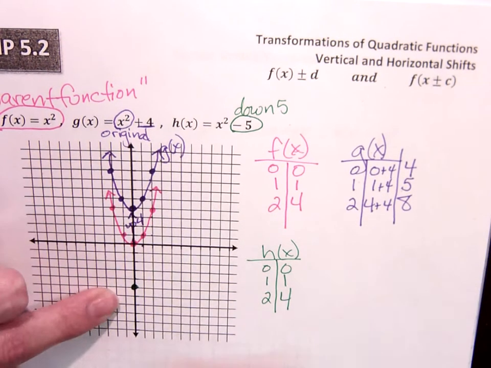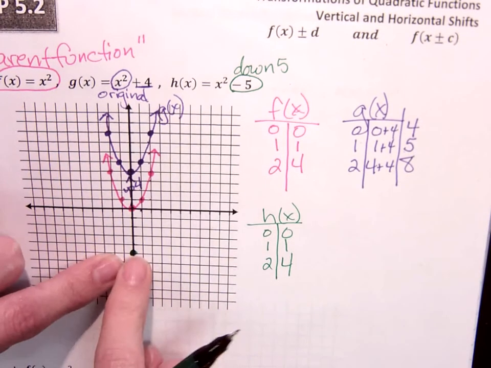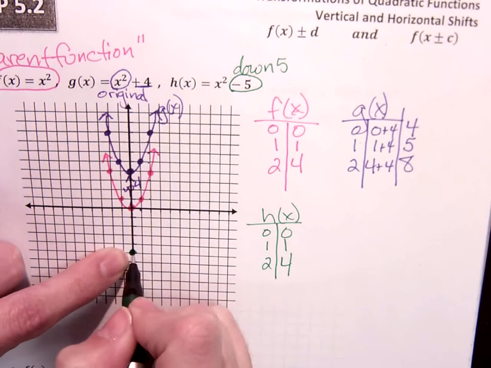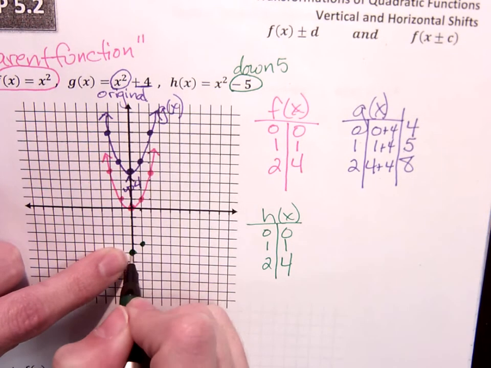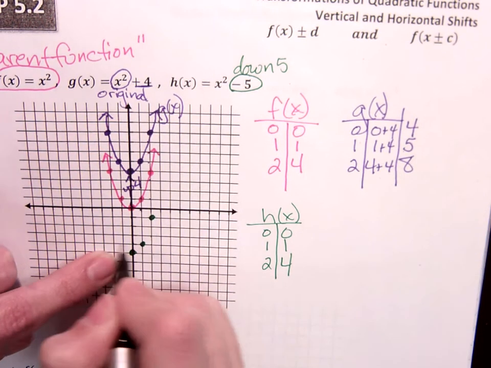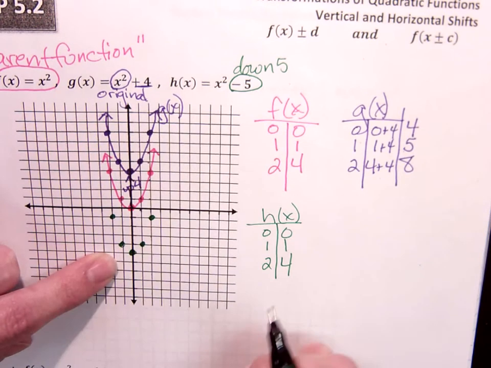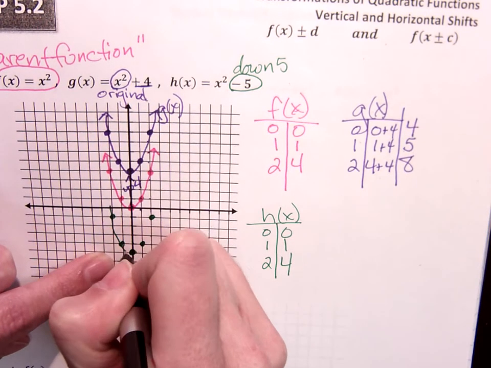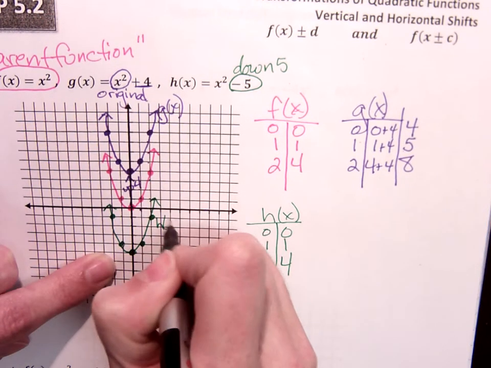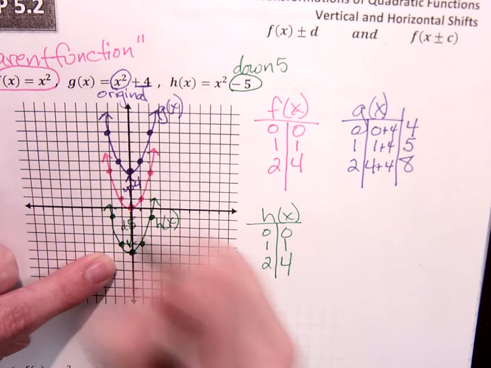And then just like before when we were looking at vertex form and if we had to do any stretches, from here, this is our new 0, 0. And I'm still going to plot 1, 1, 2, 4. Reflect those across. And I still have the same shape, same proportions. It's just moved down 5.